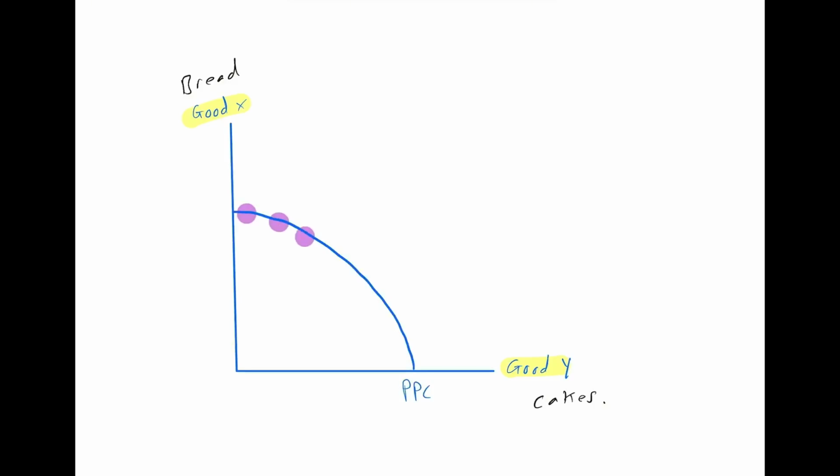If the economy produces at any point on the PPC, this is the PPC, the curve is the PPC. If the economy produces at any point on the PPC, it means it is using all of the available resources, all of the available factors of production.